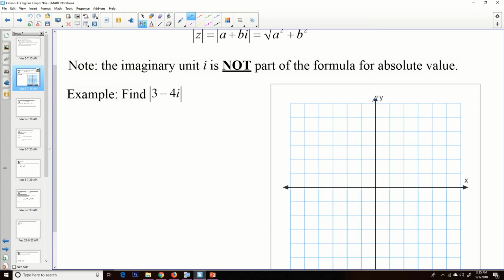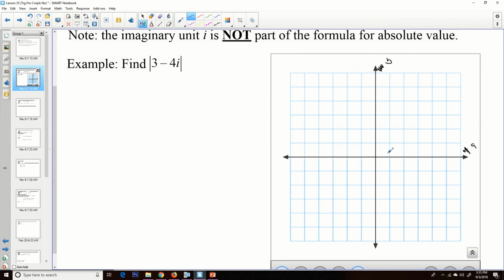Well, if we have a complex plane here where we don't have x and y, but we have a and we have b, then 3 minus 4i would be 1, 2, 3, and negative 4, and so that point right there would be 3 minus 4i.